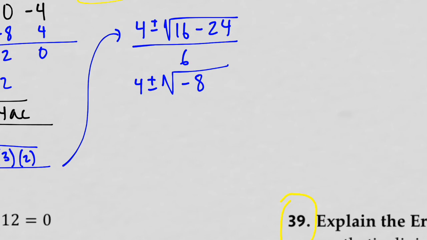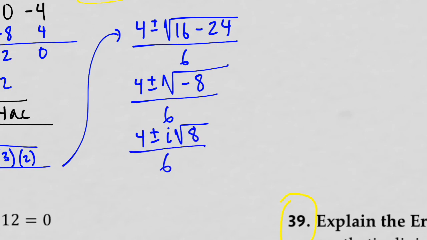Positive 16 minus 24 is negative 8, all over 6. Alright, I'm going to keep going with that negative, because as soon as you see a negative inside, you take it out and you turn it into i, all over 6. And just like in the last one where we had a radical, we are going to simplify it now. So let's take that 8 and break it down.